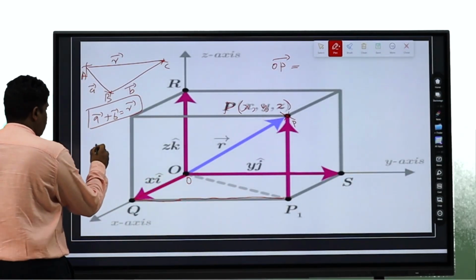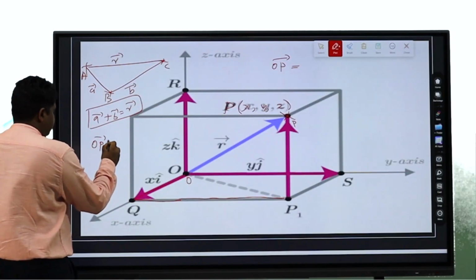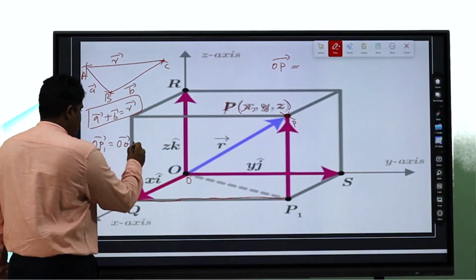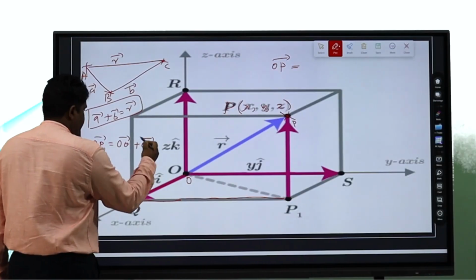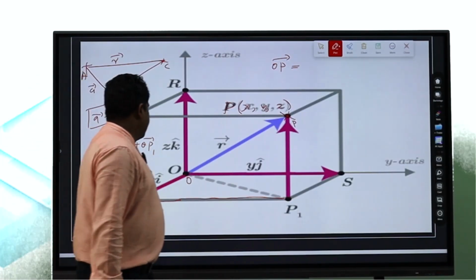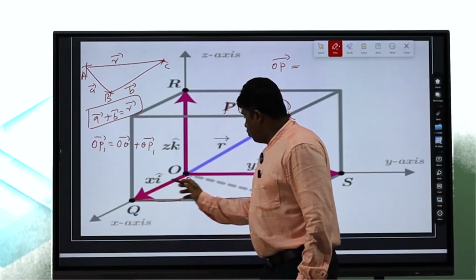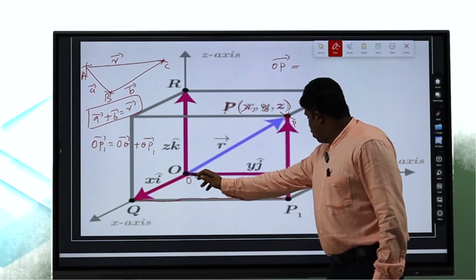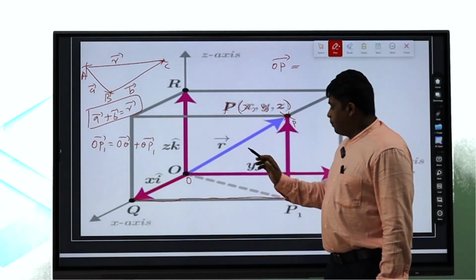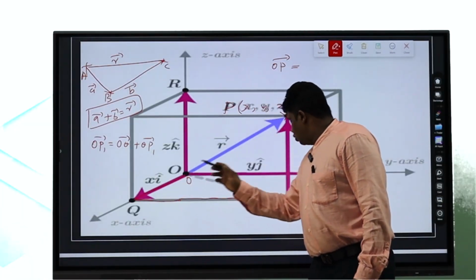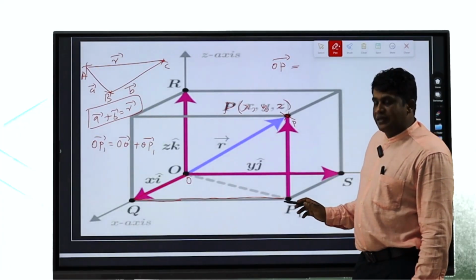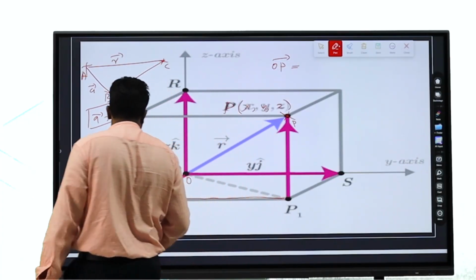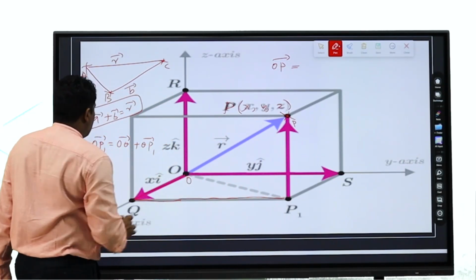Then OP1 is equal to vector OQ plus vector QP1. When a person moves from O to Q and Q to P1, the total actual displacement is from O to P1.